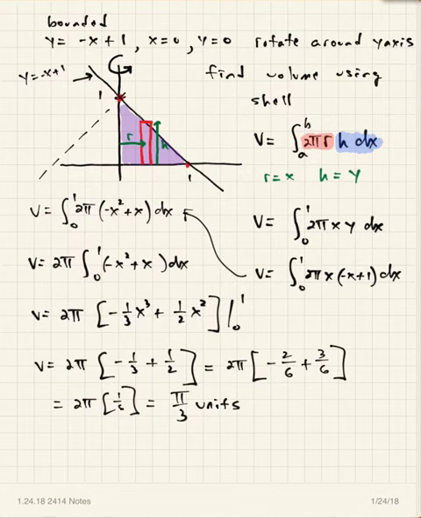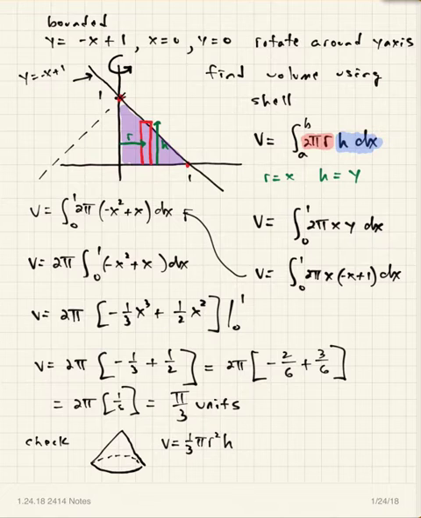And by the way, you know, if you wanted to check this using geometry, you could, because the solid that you're generating ends up being a cone that looks like this. Right, and the volume of a cone, I don't know if you remember this or not, but the volume of a cone is 1/3 times pi r squared times h.